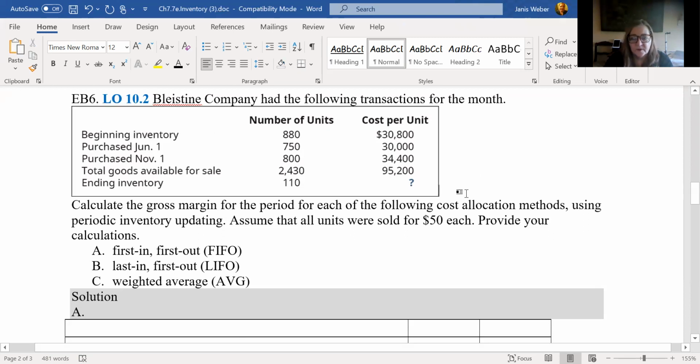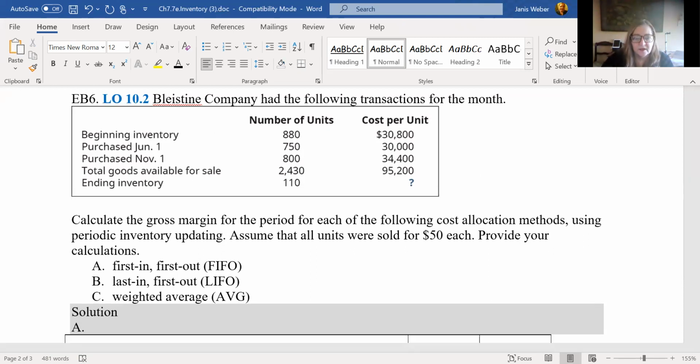Okay. I'm just going to add a little information here. The beginning, 880. Unit cost, rather than being 30,800, if you divide 30,800 by 880, you get $35 per unit.